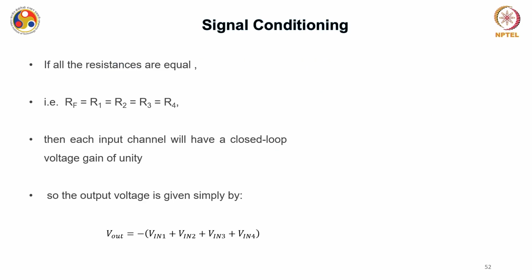Now, if R1, R2, R3, R4 are equal and they are also equal to the feedback resistance Rf, then each input channel will have a closed loop voltage gain of unity, and the output voltage can be simply given as V out equals minus V in 1 plus V in 2 plus V in 3 plus V in 4.